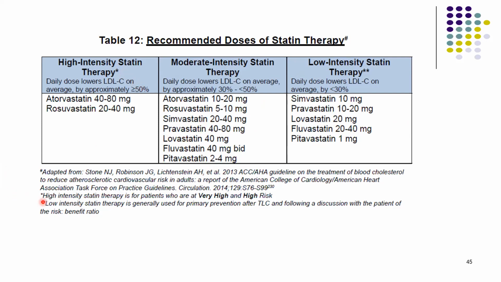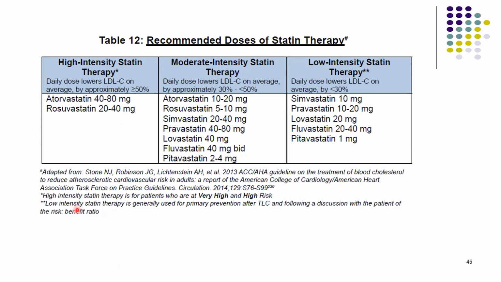So here you have a note. High intensity statin therapy is for patients who are at very high and high risk. Like this Alex, who is high risk, we need to give high intensity.